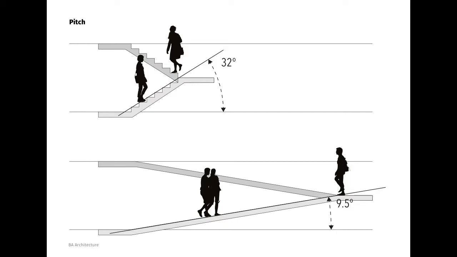Because you can imagine that at some point you get to a position where a ramp is too steep to walk comfortably up, or a staircase might be too shallow and too annoying to walk up, or too steep once again. So there are ranges of pitch, and within those ranges, a ramp may be acceptable and useful, or a stair may be useful, or beyond the stair, a ladder might be the only solution left.